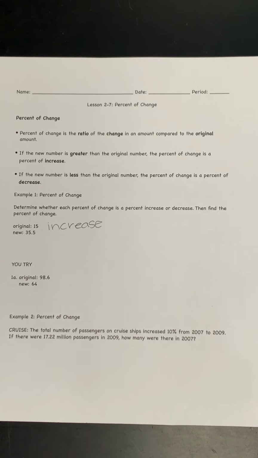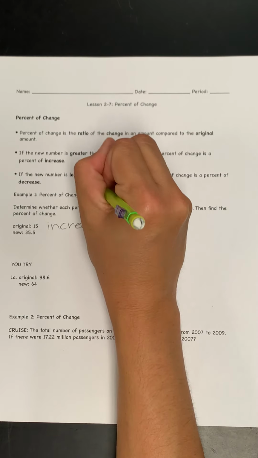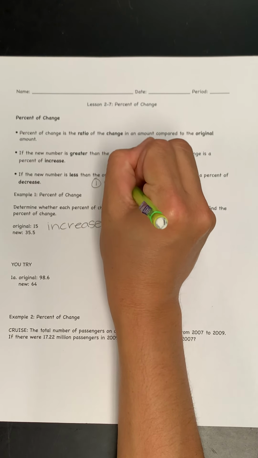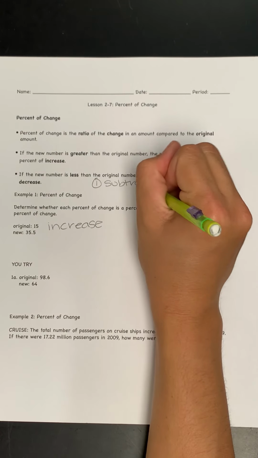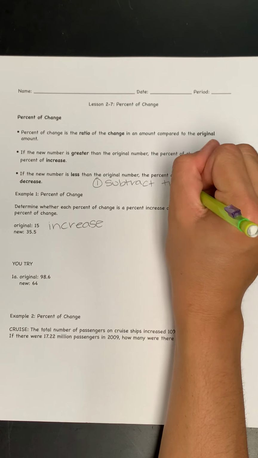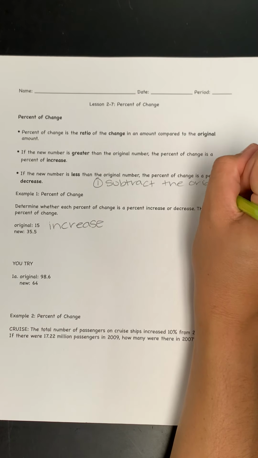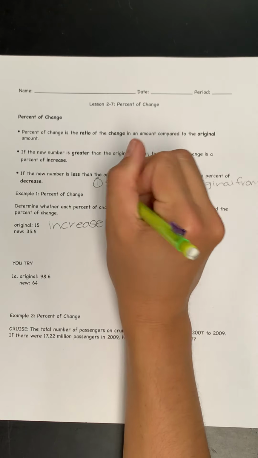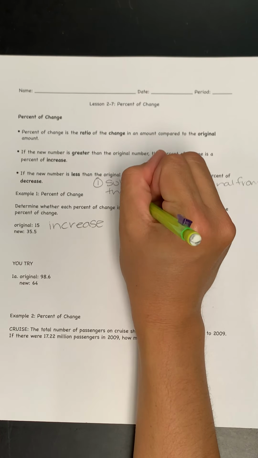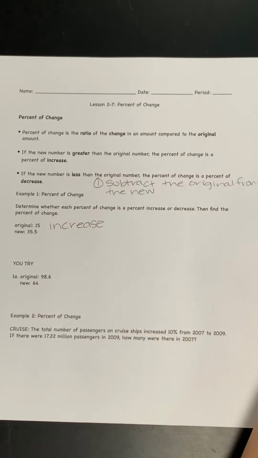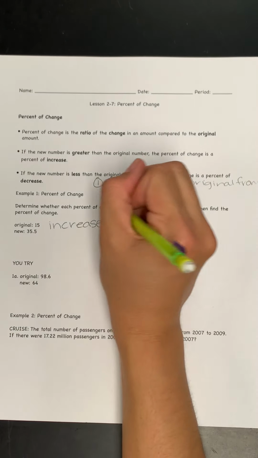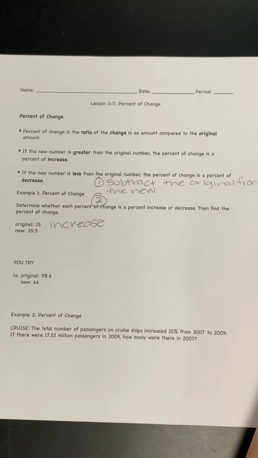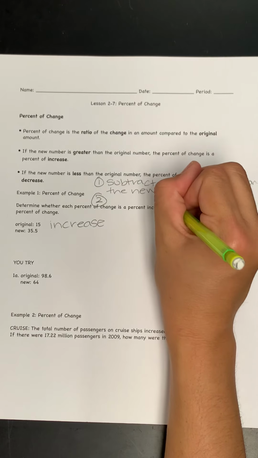In order to do that, I'm going to give you 2 steps that you're going to follow. The first thing, you're going to subtract the original from the new. Okay. Then you're going to use this proportion.